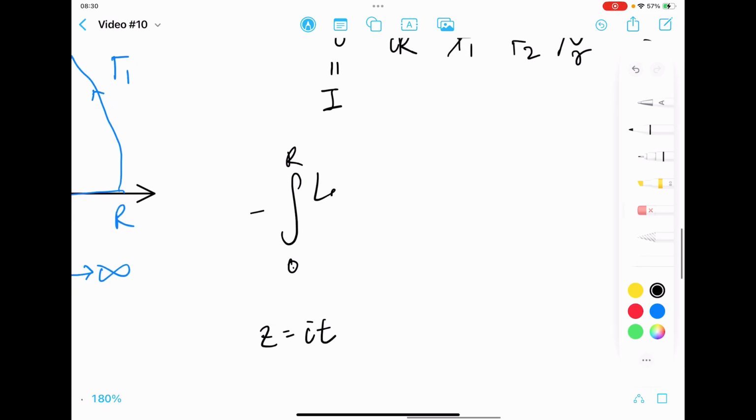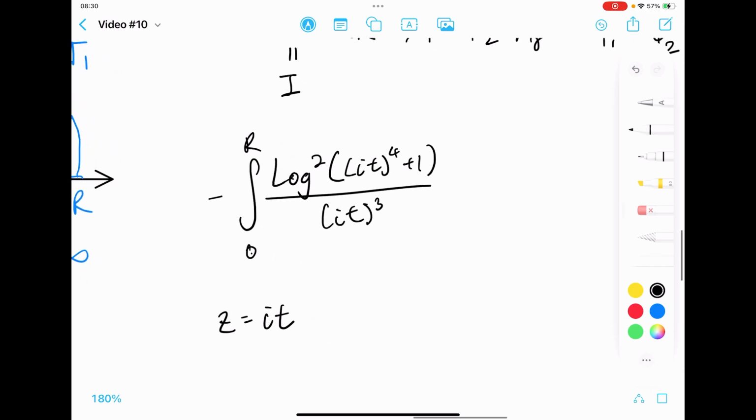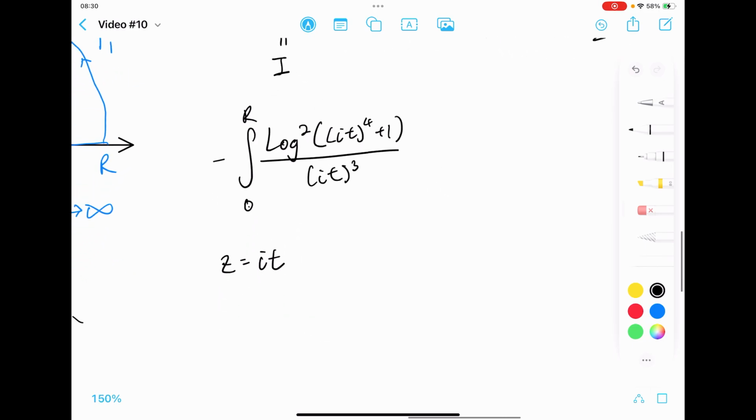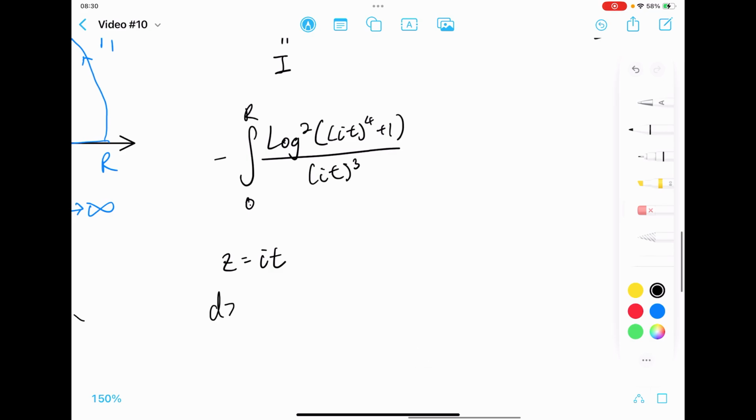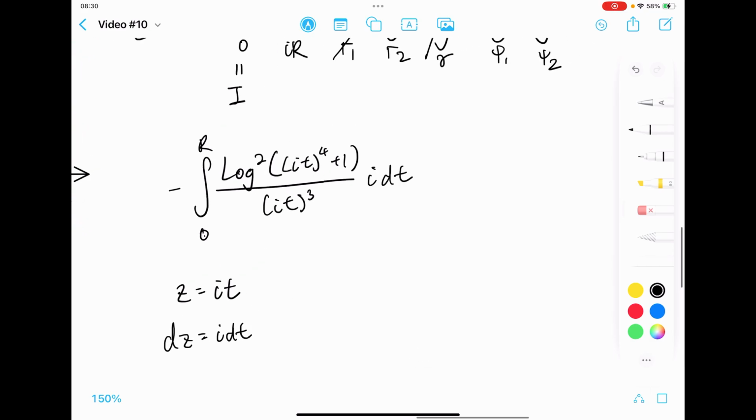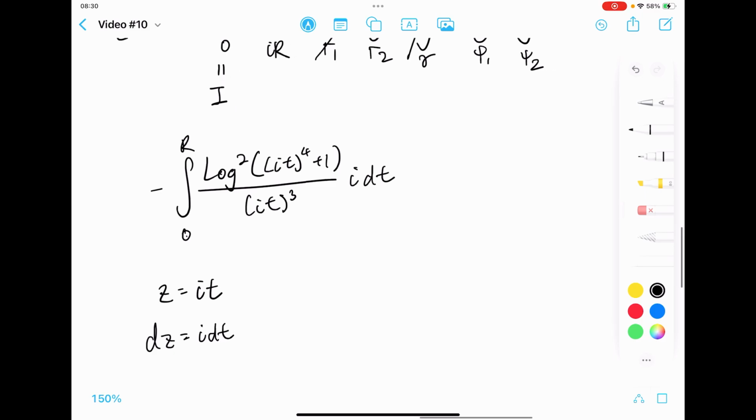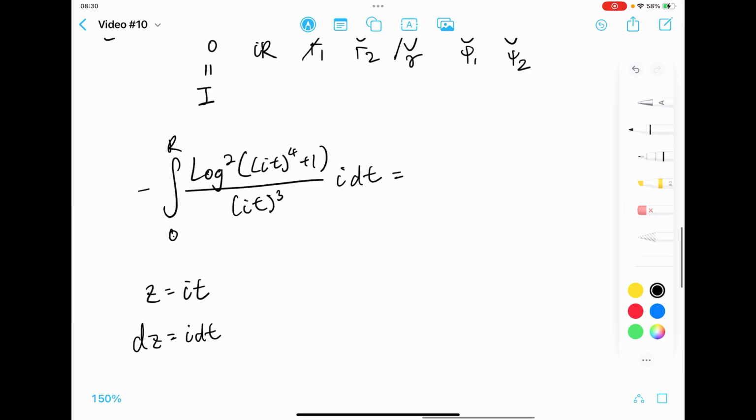And every z in the function is going to be replaced with it. So it to the fourth, actually, plus 1 divided by it cubed. We have a dz, but we'll need to replace it with dt. So dz is i dt, of course, and i dt. There we go.